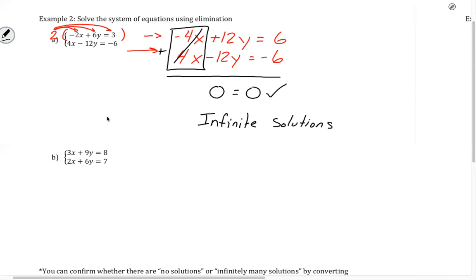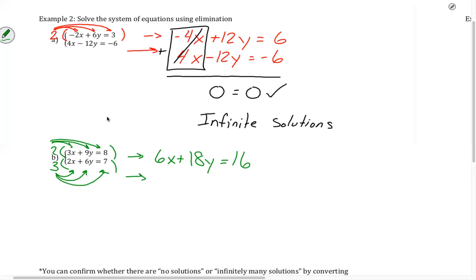Ready? So here, for B, Lance, which variable do you want to get rid of? X or Y? Sounds good. So what did you multiply by to get rid of the x's? Okay, Lance said multiply by 2 on the top. That gives me 6x plus 18y equals 16. On the bottom, you said multiply by 3.